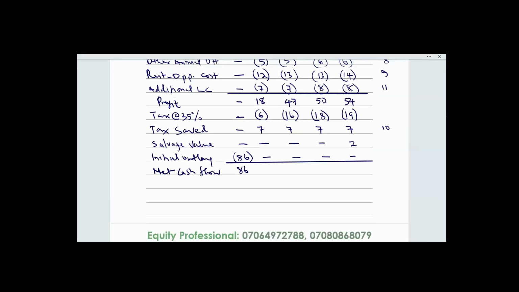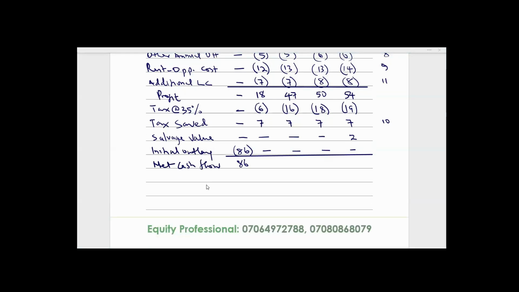Let me do for year 4. 54 minus 19 plus 9. That's 44. Then 19, 38, and this should be 39. All right.